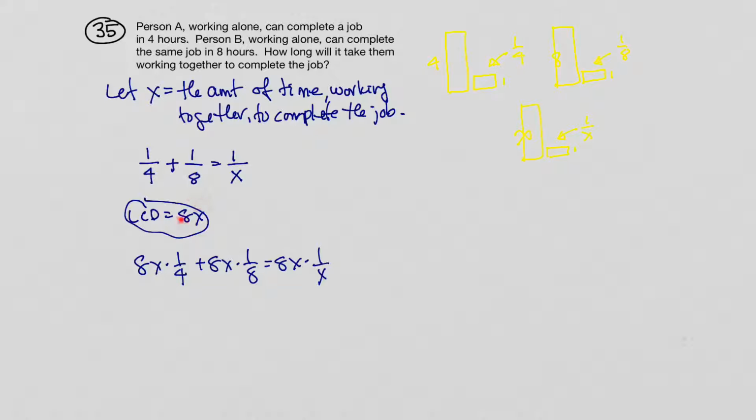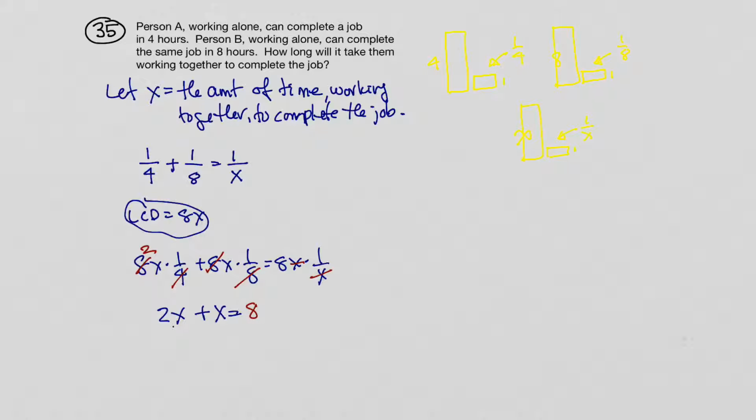So I got that LCD here, here, and here in front of every one of the originals. And now 4 will go into 8 twice, so we're left with 2x times 1, 2x, plus this 8 here will cancel with that one, and we're left with 1 times x, just x, equals, now this x cancels with that x, and we're left with 1 times 8, which is 8.